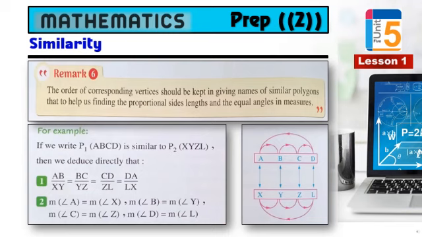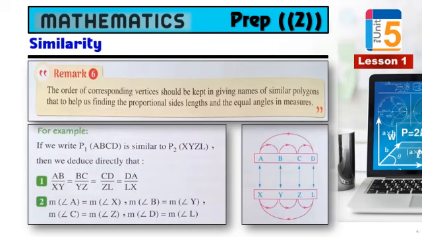Also, I can get the proportional side lengths from this order, because AB is opposite to XY, and BC is opposite to YZ, and CD is opposite to ZL, and AD is opposite to XL.